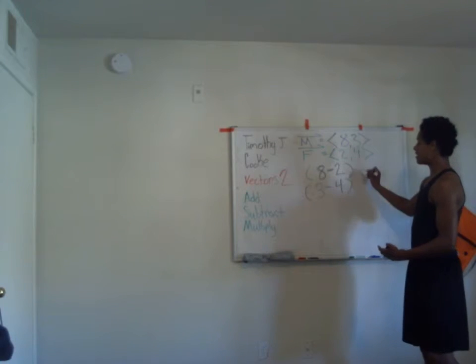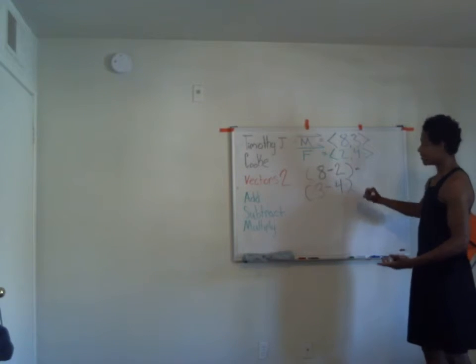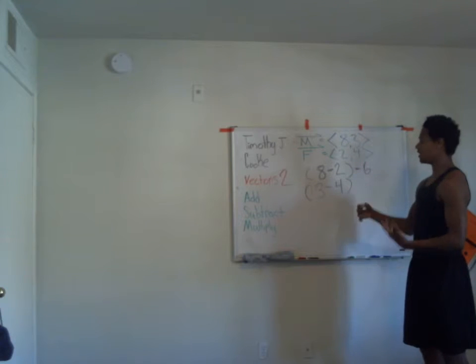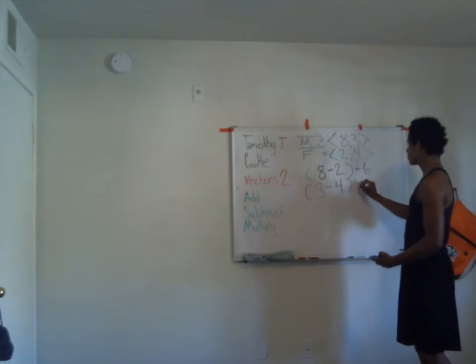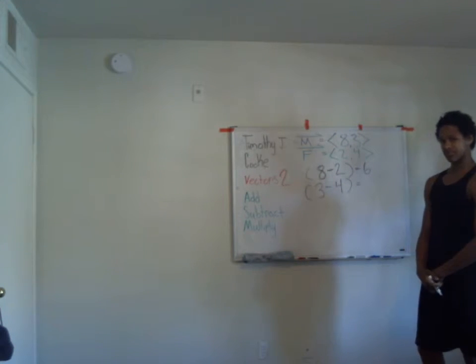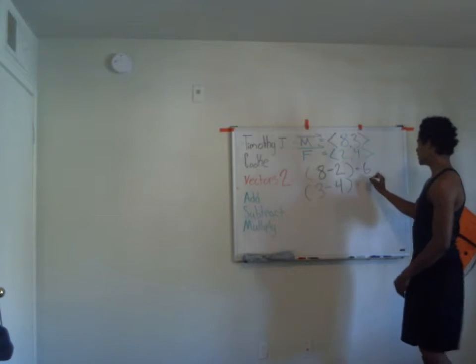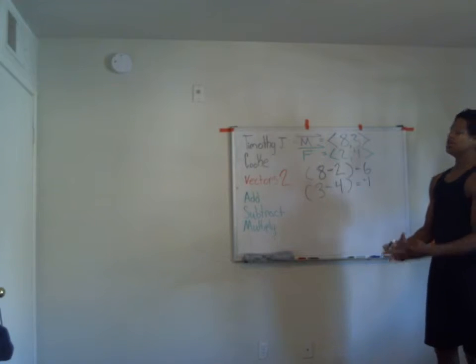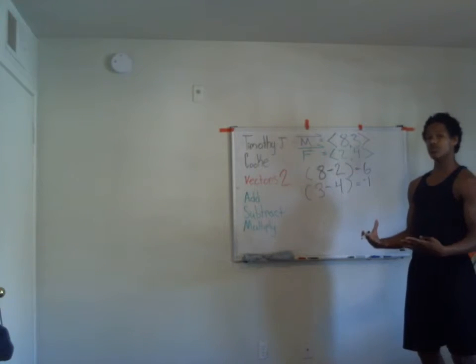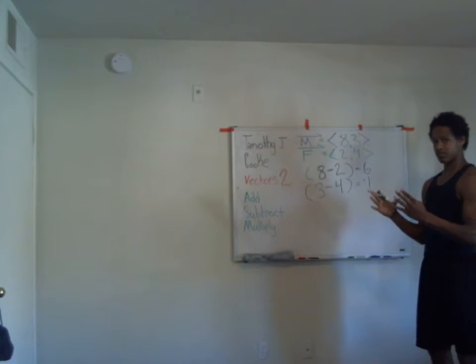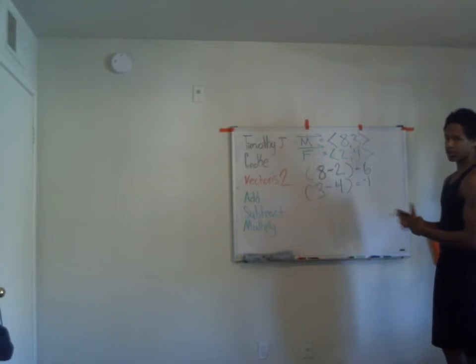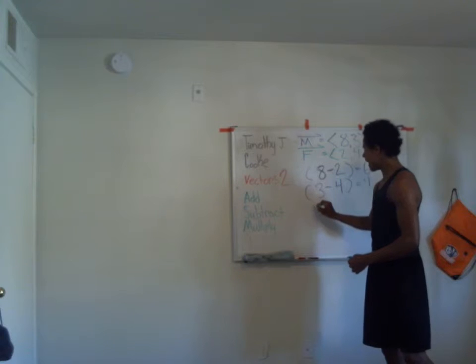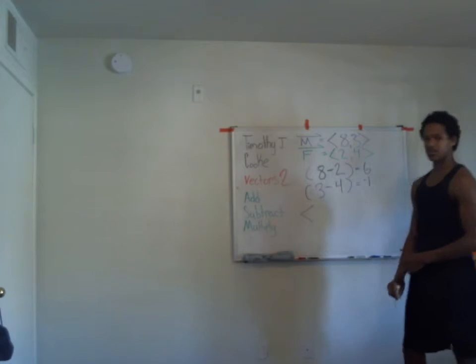Now you just equal them out. So 8 minus 2 equals 6, correct? And 3 minus 4 equals, good, -1. Okay? So when you put this into its new vector form, you're going to have your opening vector, right?